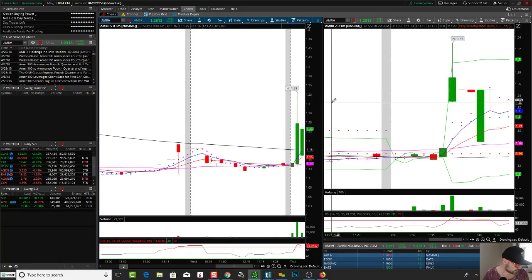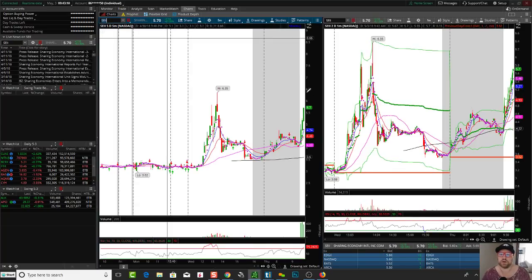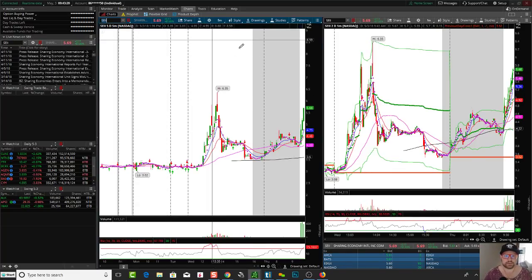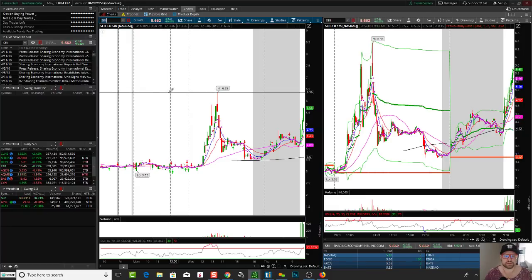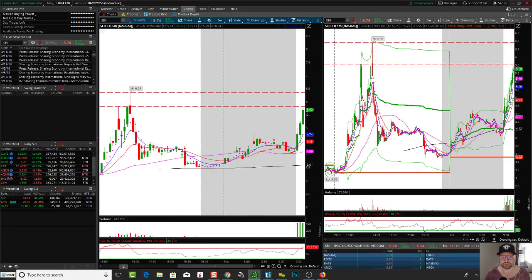SEII. All right, I see that popping up. You can definitely see some resistance at that 6.35, and some right here as well at 5.83. It's overextended. It's running really nice right now, but look at these resistance levels. You've got to be careful.